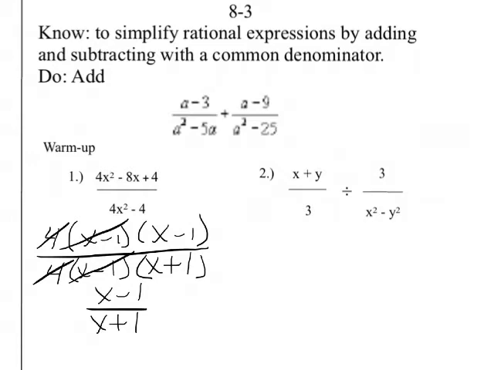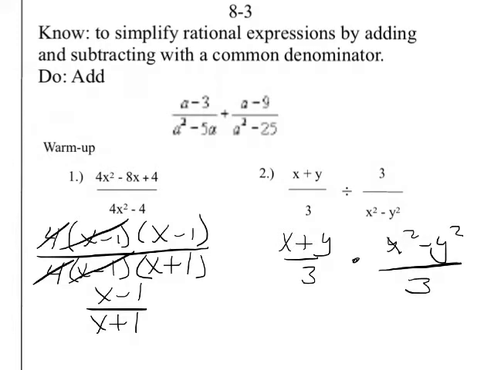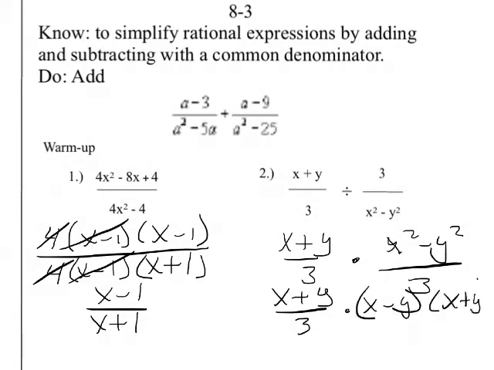In the second one, I see division, so I'm going to use the KFC. We're going to keep the first one the same, and then I'm going to flip the second one, so that's going to be x squared minus y squared over top of 3, and then change this to multiplication. Now let's factor this, so that gives me x plus y over 3 times an x minus y and an x plus y all over a 3.